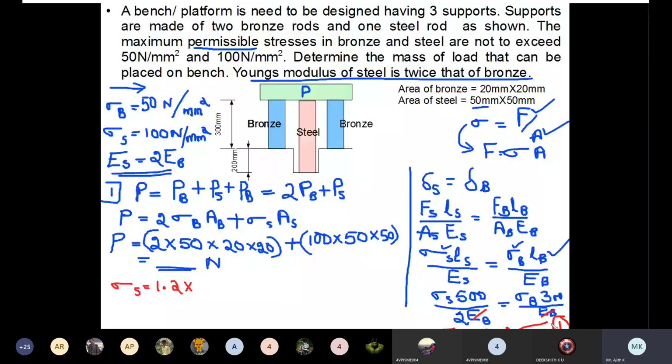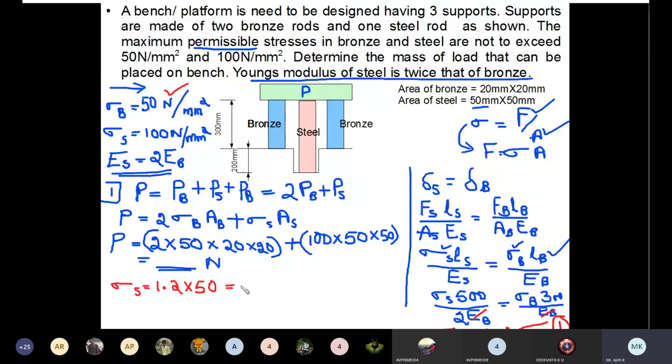This is not the actual value of sigma B developed. This is the maximum permissible value of sigma B. So the maximum permissible value of sigma B is 50. So sigma S is equal to 1.2 times 50.